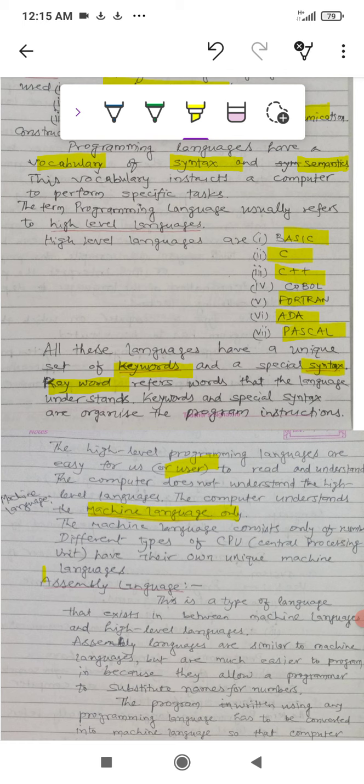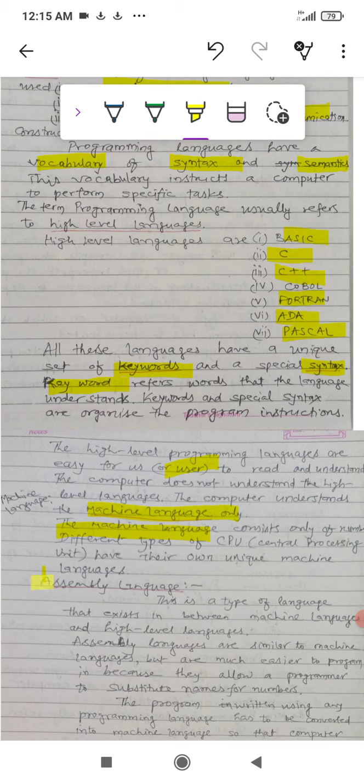So what is machine language? The machine language consists only of different types of CPU and have their own unique machine languages, and this uses binary digits 0 and 1.